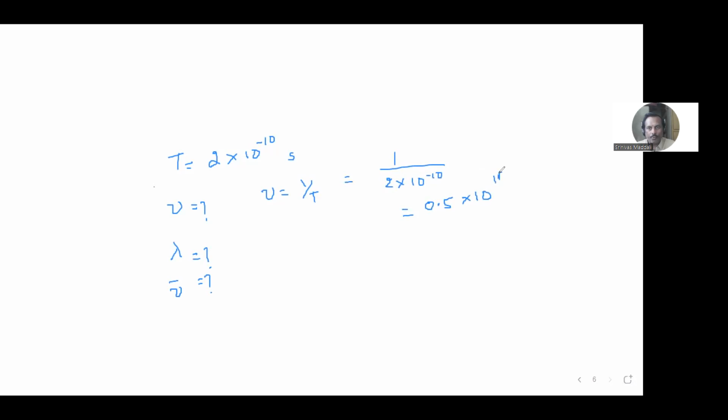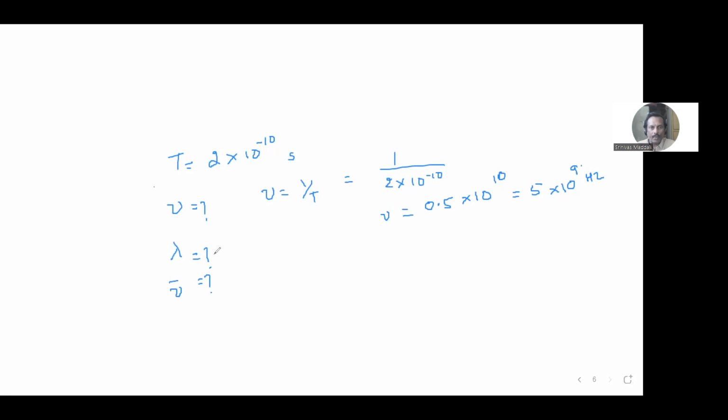So you can write it as 5 into 10 to the power of... Since you multiplied by 10, you have to divide by 10 so as to maintain the value. So it becomes 5 into 10 to the power of 9 hertz, that will become the new value.